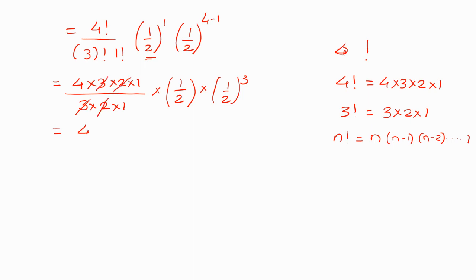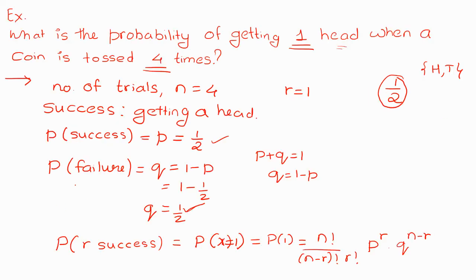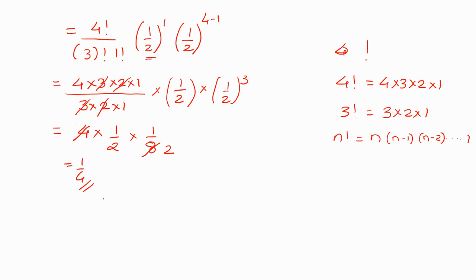It will be 4 into 1 by 2 into 1 by 2 cubed. 2 cubed is 8. Further cancelling this out, it will be 2 here, 1 here, that is 1 by 4. So basically my probability of getting one head when a coin is tossed 4 times is 1 by 4.